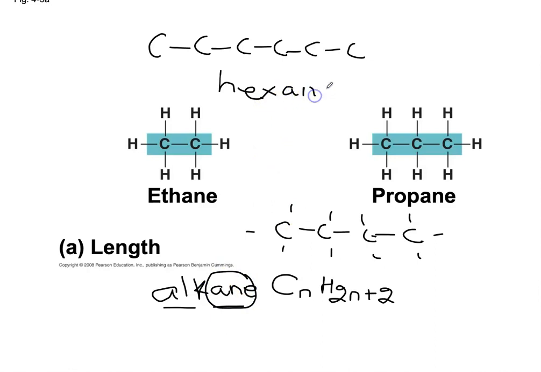So if I see the name hexane, I know that there are 6 carbons and they are all single bonded to each other. So it is an alkane. So that forms the basic structure of molecules.